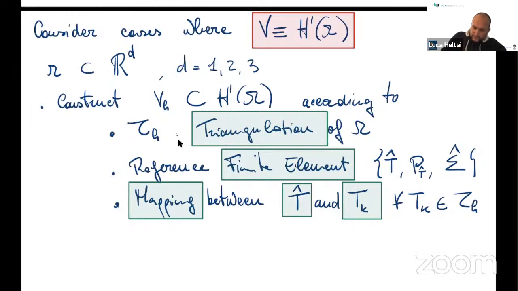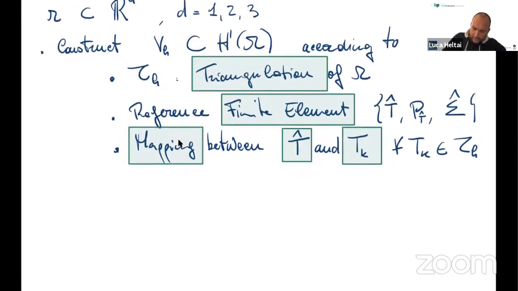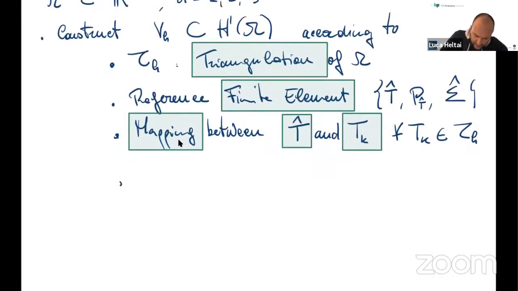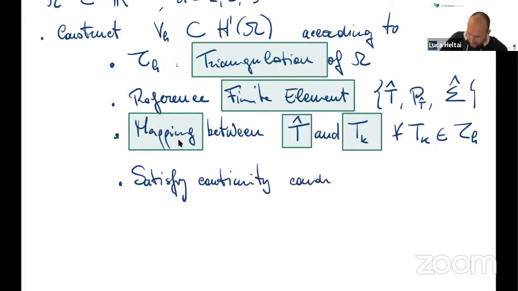And of course, you need to satisfy continuity conditions for VH that has to be included in capital VH.